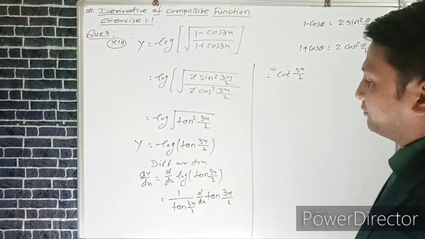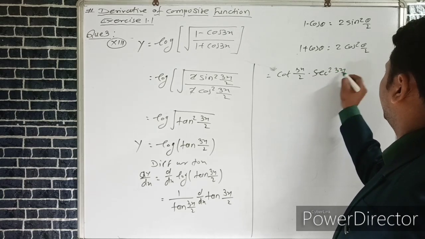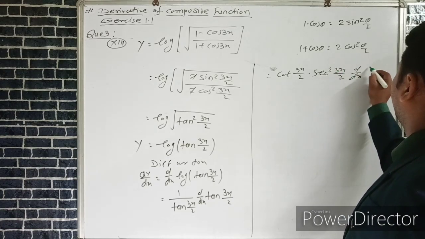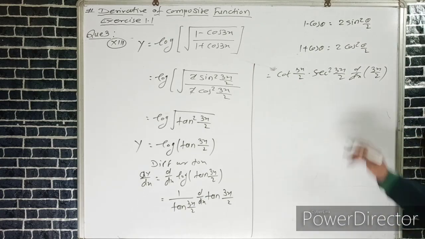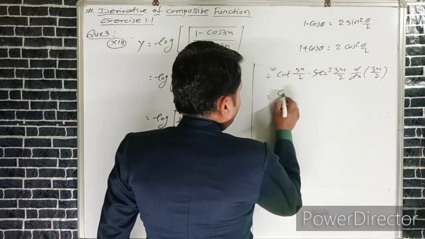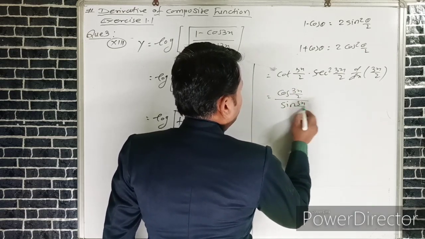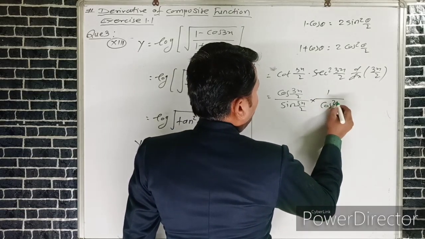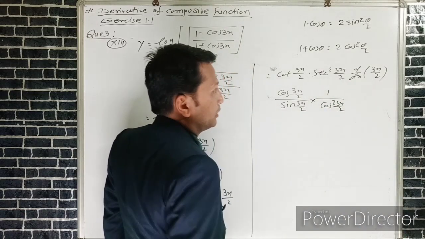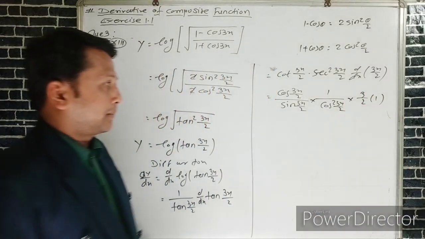The derivative of tan of 3x by 2 is sec square 3x by 2, and we take again the derivative of 3x by 2 by using the chain rule. Here cot means cos of 3x by 2 upon sin of 3x by 2 into sec square, which means 1 upon cos square 3x by 2, into 3 by 2, as 3 by 2 is constant and the derivative of x is 1.